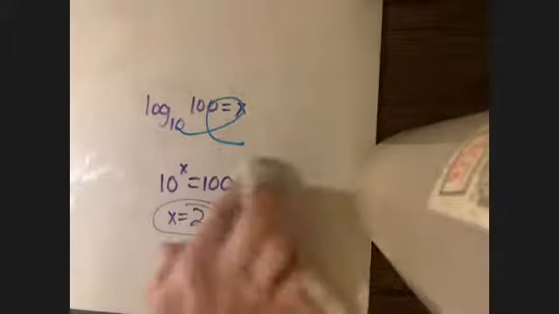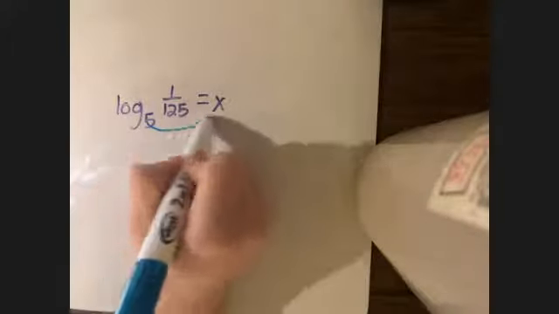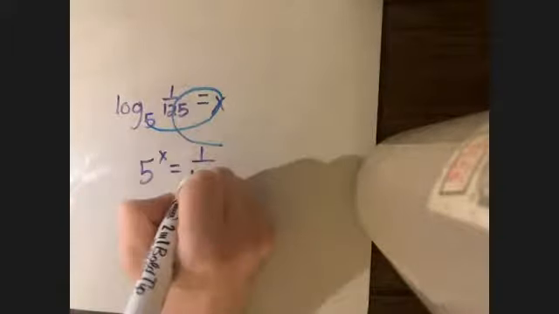Now then, next one. So I've got log base 5 of 1 over 125. Again, I'm going to say that it equals x just so that I have all my parts and pieces so that I can e-loop. So now I've got 5 to the x equals 1 over 125.